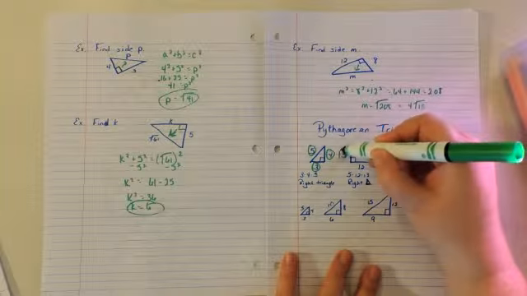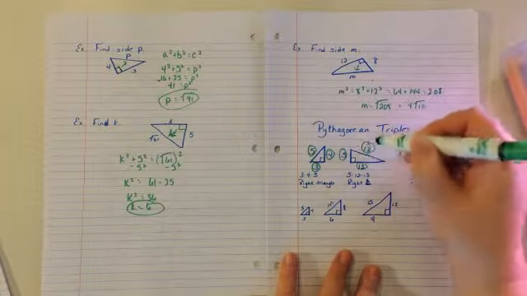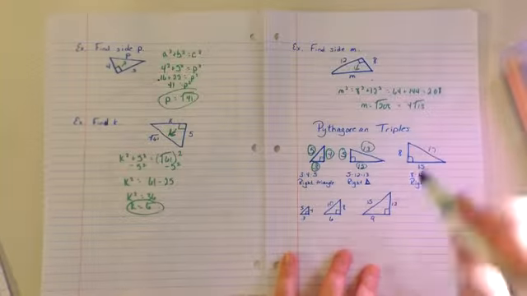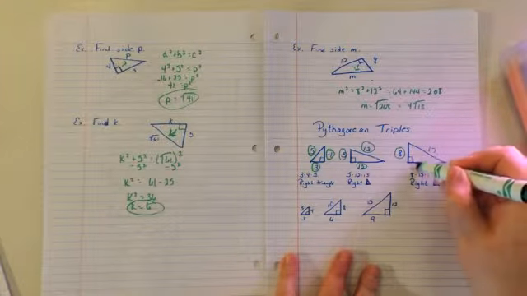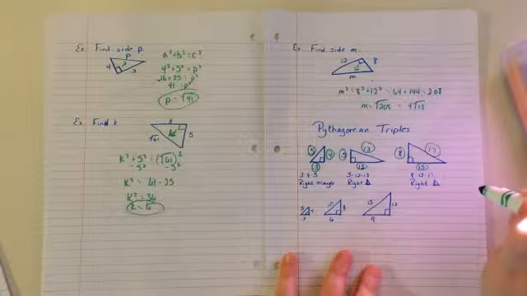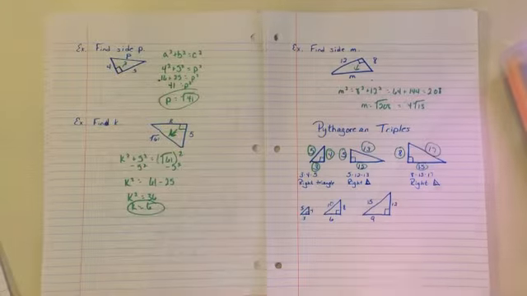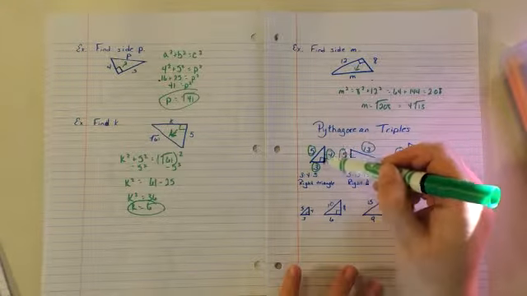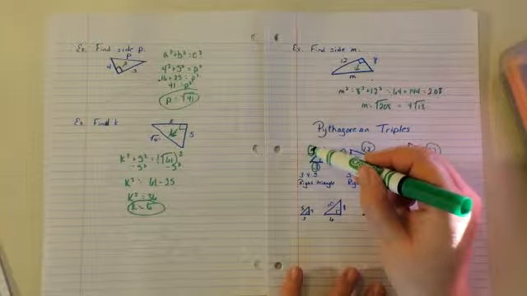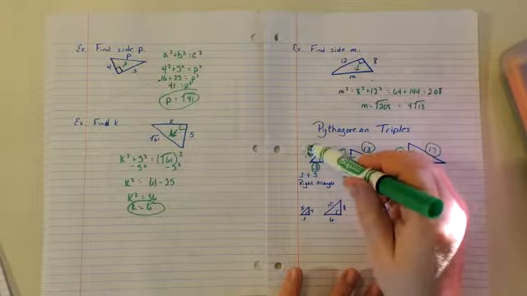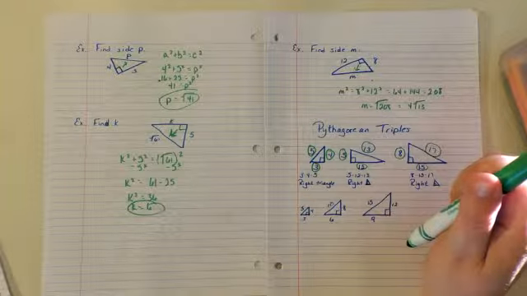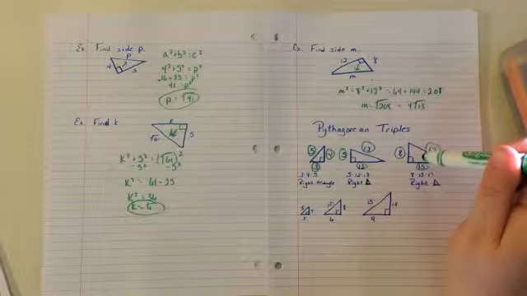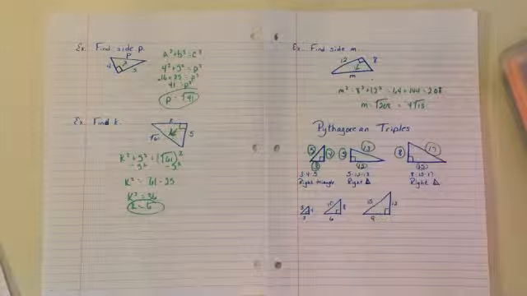This one would be a 5, 12, 13 right triangle. Here we have an 8, 15, and 17 right triangle. Okay? If you see right triangles with a 3 and a 4, you know this one's going to be a 5. Or a 3 and a 5, you know this one's going to be a 4. Okay? So these are good ones to memorize.